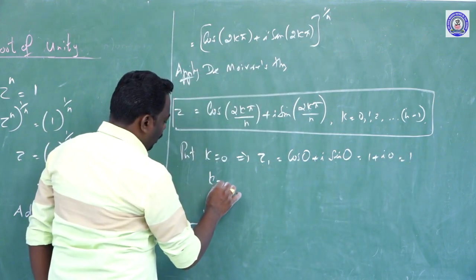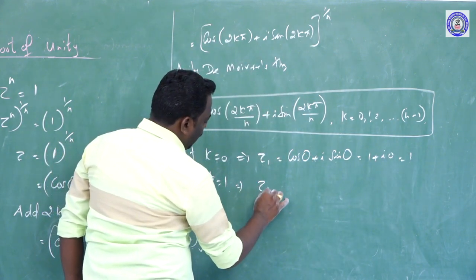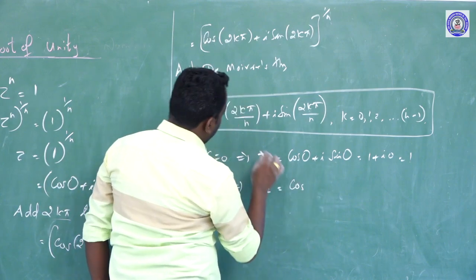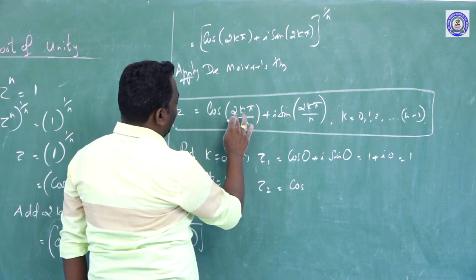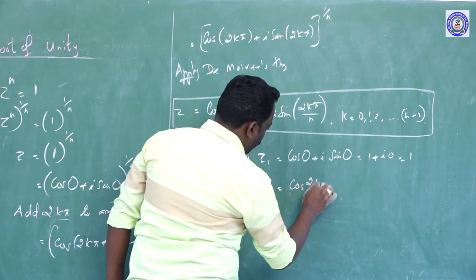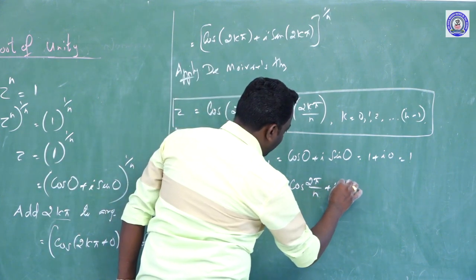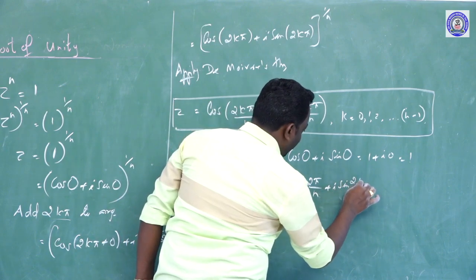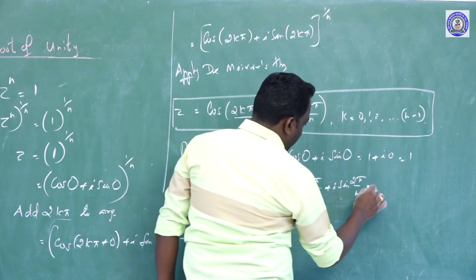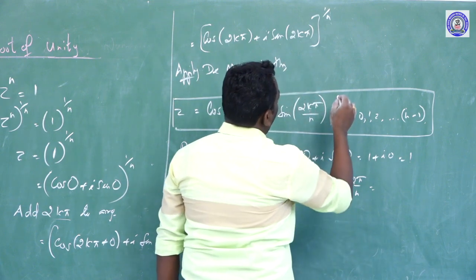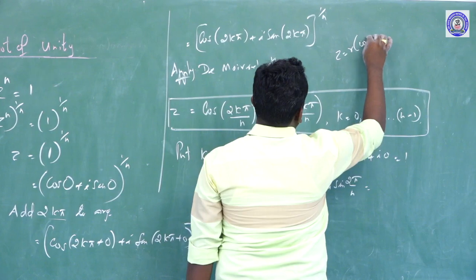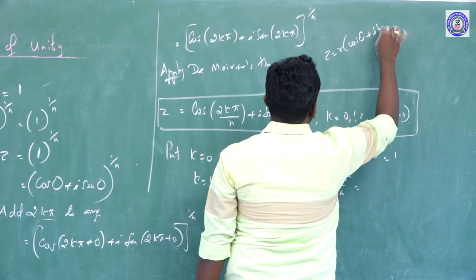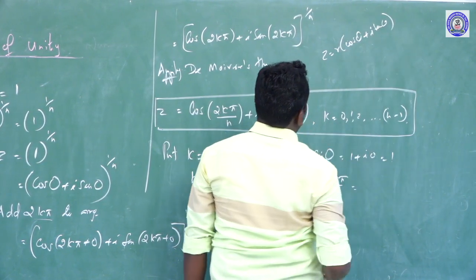Now, put k equal to 1, which implies z2 is defined by cos of 2 pi by n plus I sin of 2 pi by n, and we can write this in polar form. We know the polar form of a complex number z is r into cos theta plus I sin theta.